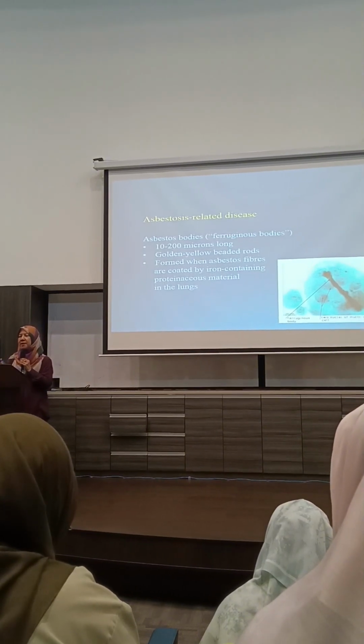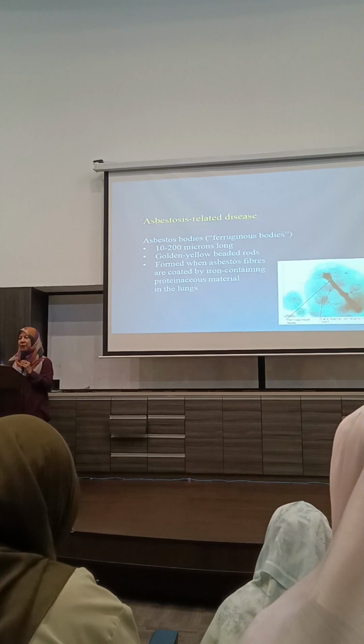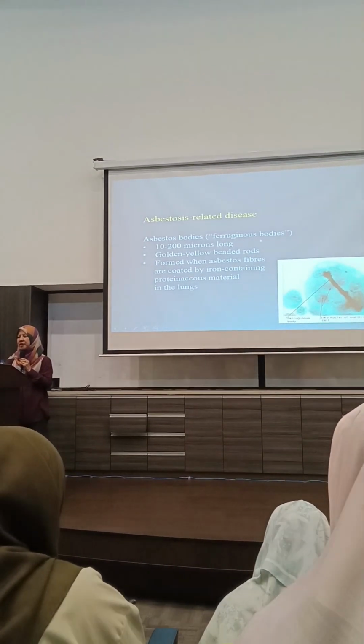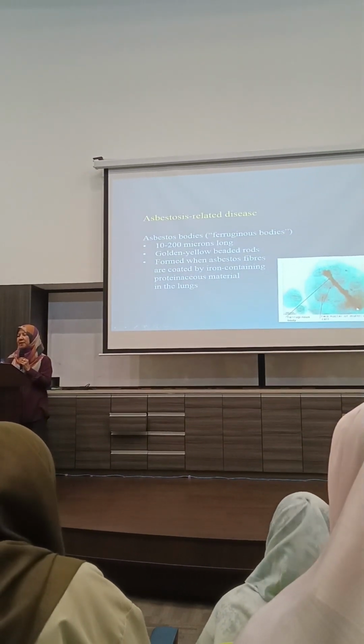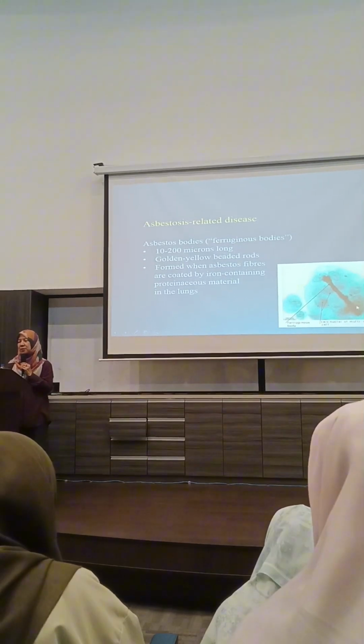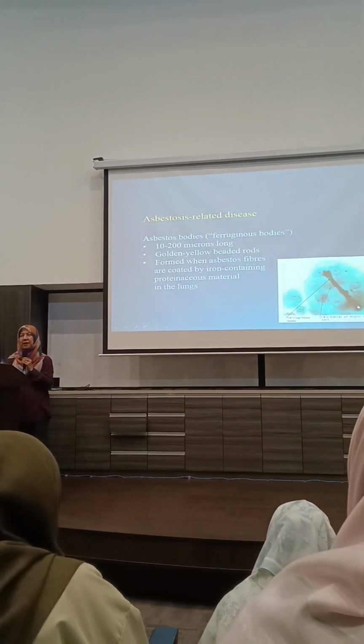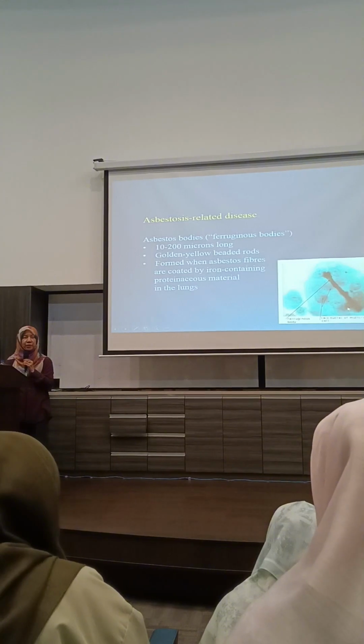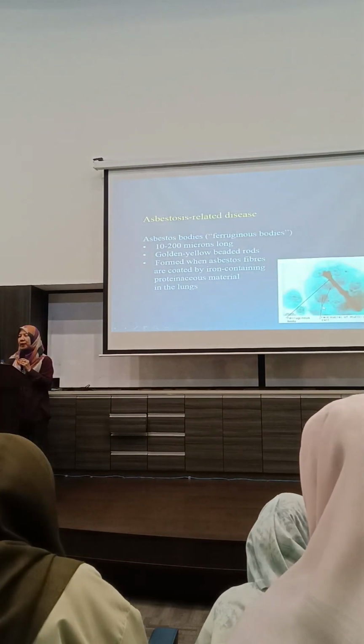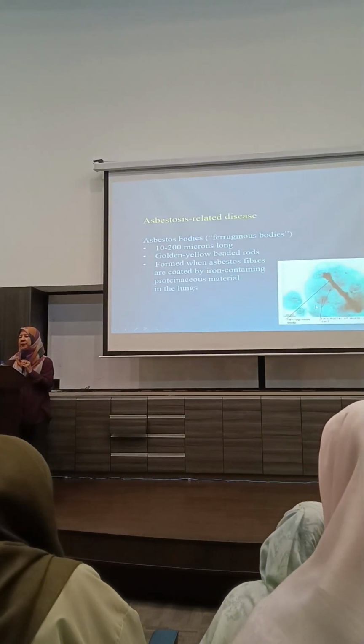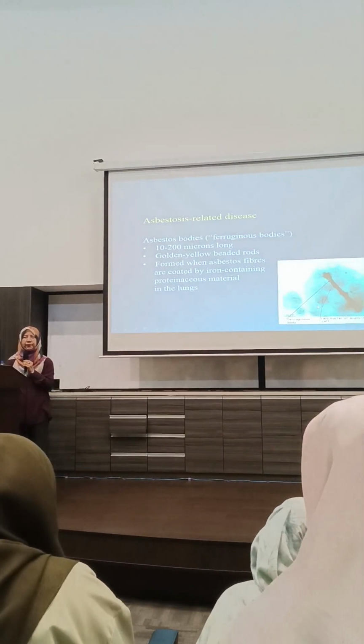And these bodies are called ferruginous bodies. They are called asbestos bodies. So you see them in macrophages in the lungs, and they are there to stay. No way that you can remove these asbestos bodies.